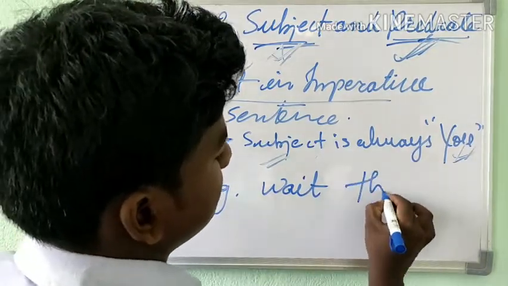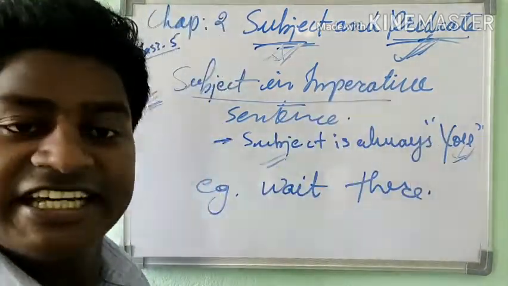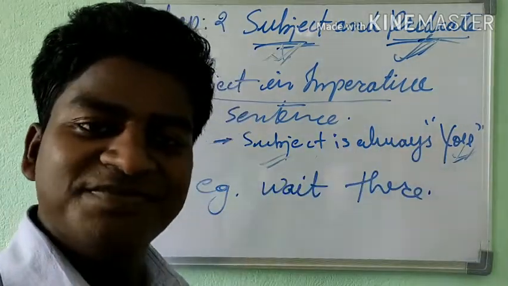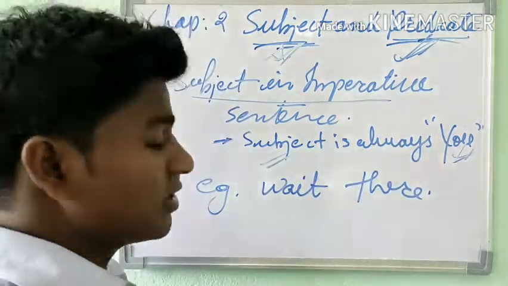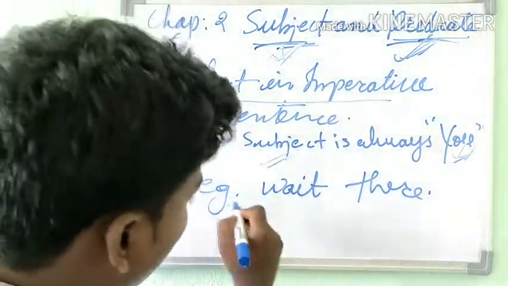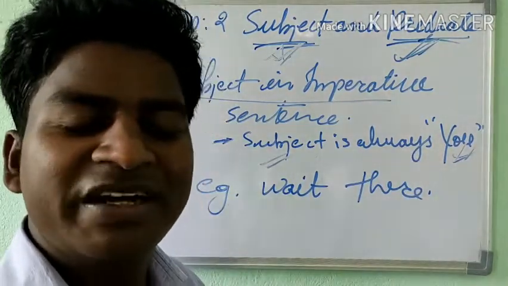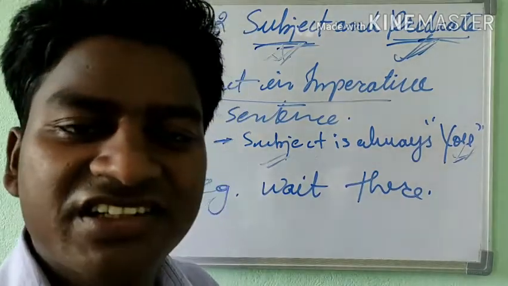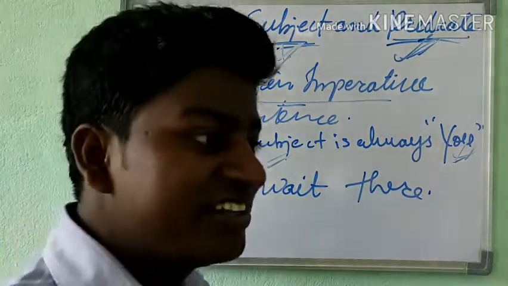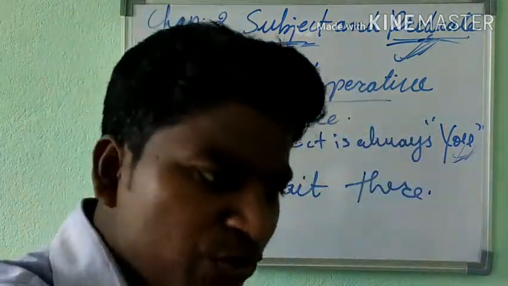For example, wait there. So here we don't find the subject written, but it is only implied. It's understood who is the subject here, whom you are telling wait there. The subject is you.